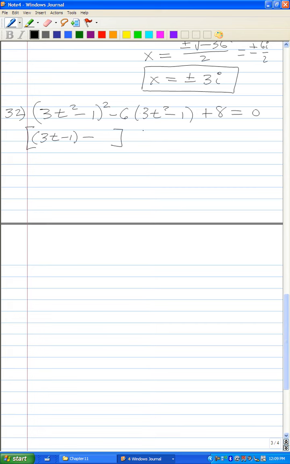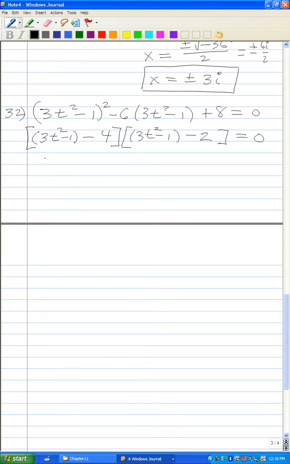Bring down the minus. 3t squared minus 1. Minus times plus is minus. I want two whole numbers whose product is 8 and whose sum is 6. So 4 and 2.